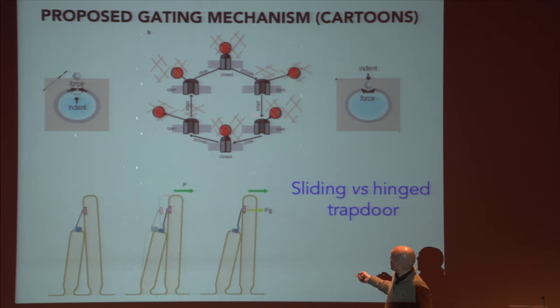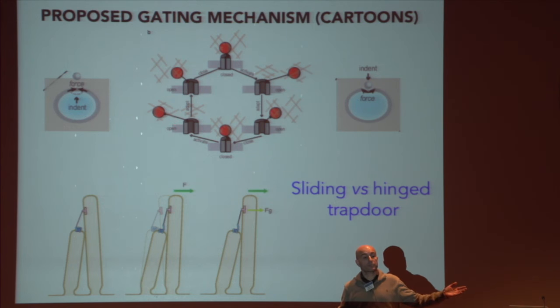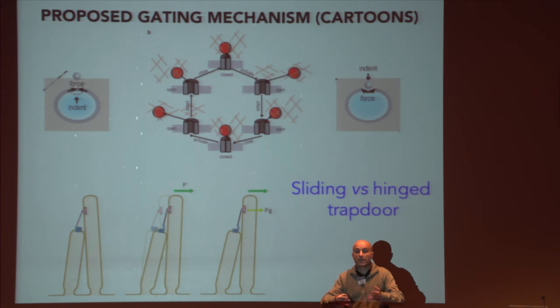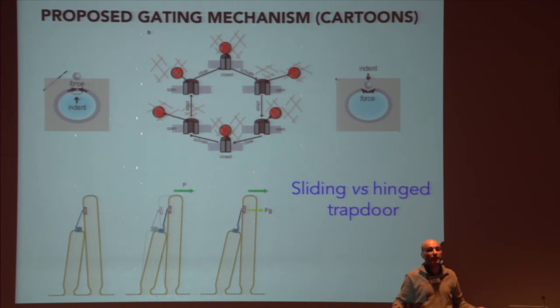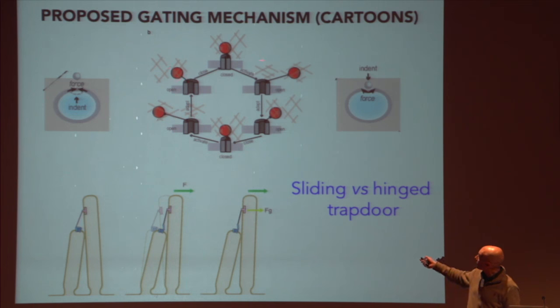This is going to close, and now when I relieve the force, the trapdoor is going to swing in the opposite direction, but it doesn't really matter for closing or not closing whether it swings one way or the other. The channel is open, and therefore you're going to have the current flowing. And so you get again the friction, and you close again this channel. Okay, so that's the cartoon.